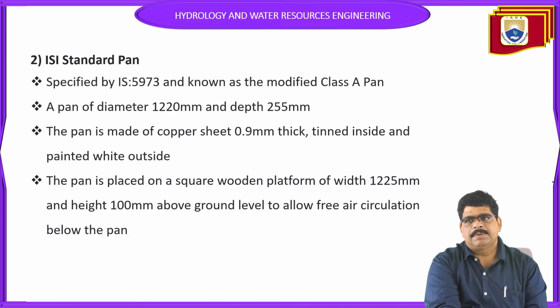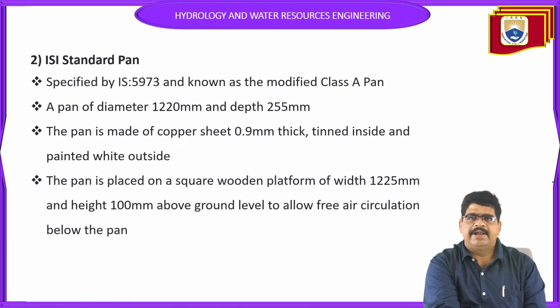The pan is made of copper, 0.9 mm thick, tinned inside and painted white outside. The pan is placed on a square wooden frame of width 1225 mm and height 100 mm. These dimensions are very important for the evaporation from the pan.